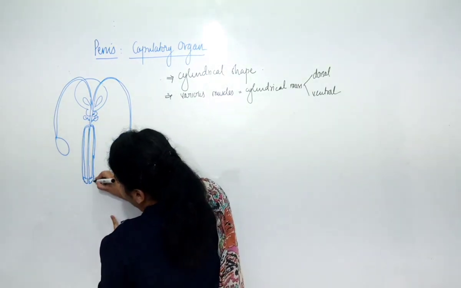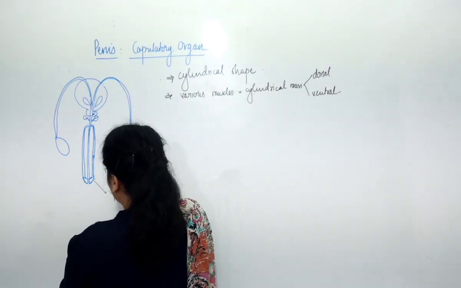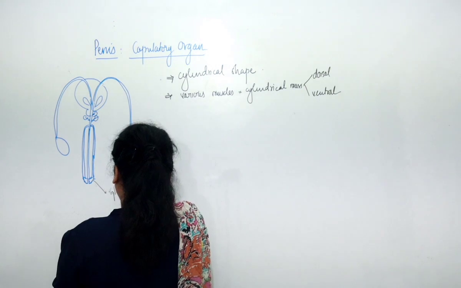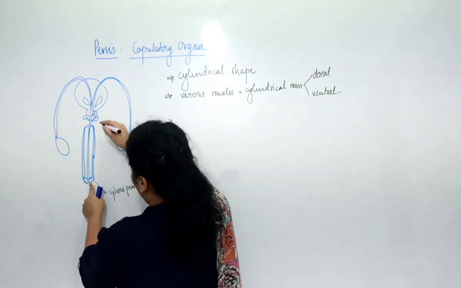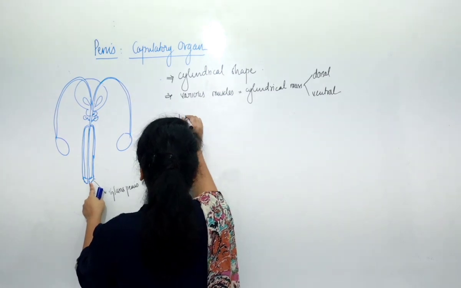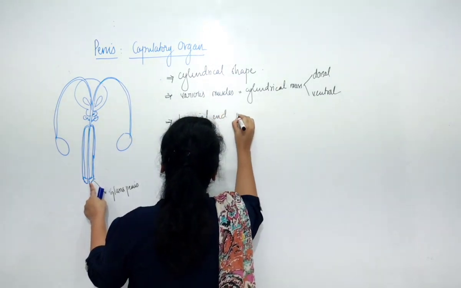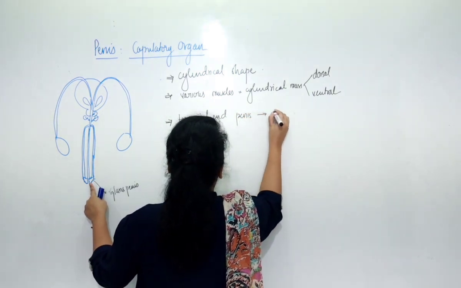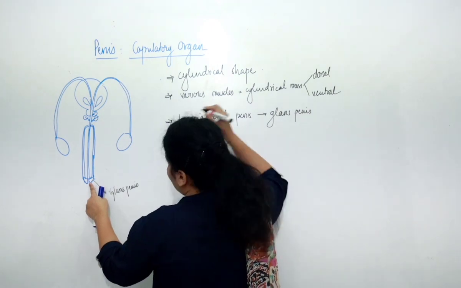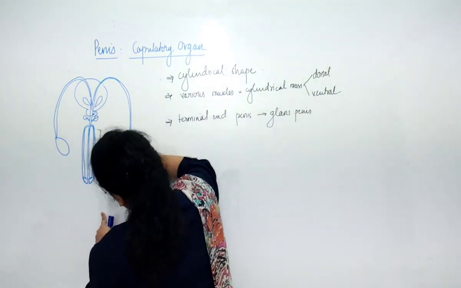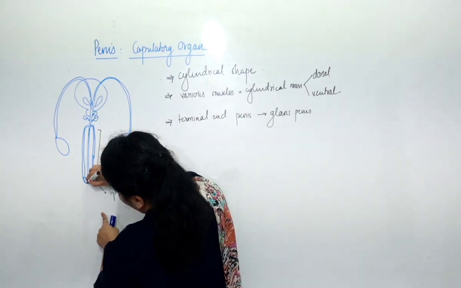Now at the anterior end of the penis, the structure is known as the glans penis. So the terminal end of the penis is called the glans penis. Remember that. This whole structure is the penis, and it has the ejaculatory duct inside.